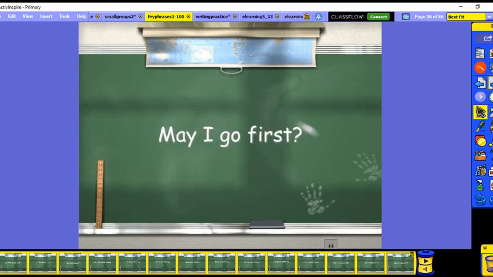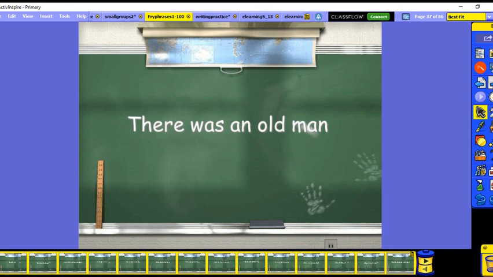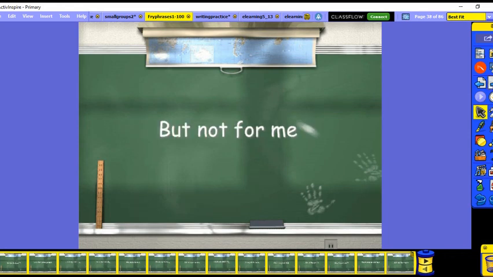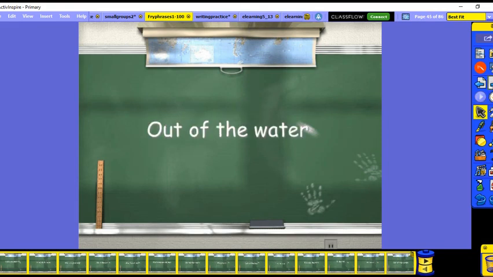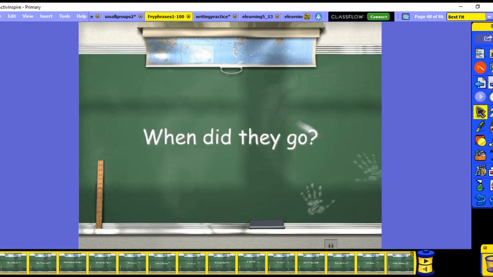Up in the air. May I go first? There was an old man, but not for me. The people. Get on the bus. It's no use. Did you like it? I like him. He has it. Out of the water. She said to go. Sit down.